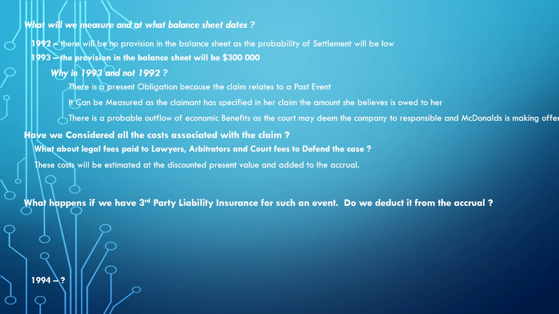Well, we don't include it in the same contingent liability disclosure note. We also don't reduce it from the provision in 1993 because we will take that insurance claim and measure that, do a disclosure note as a contingent asset because it's something that we may or may not receive.